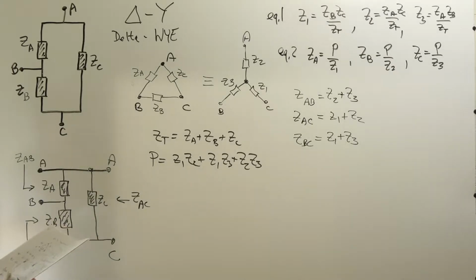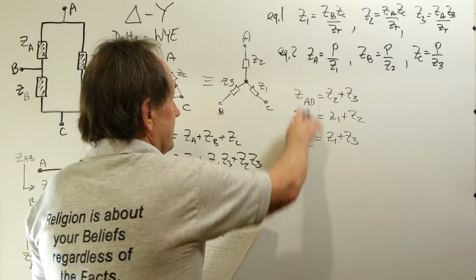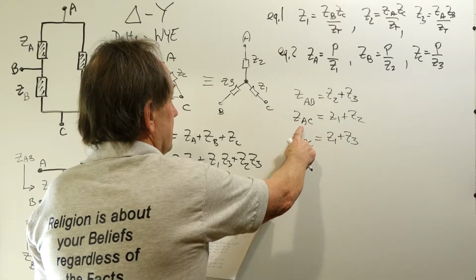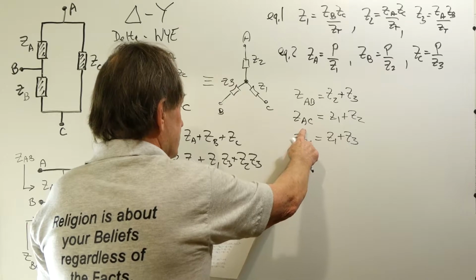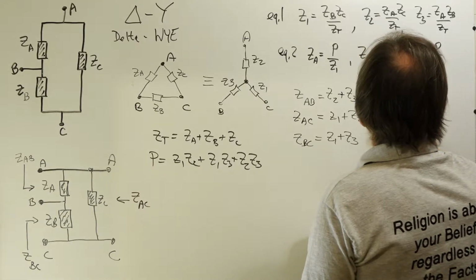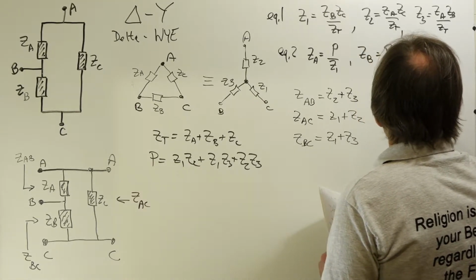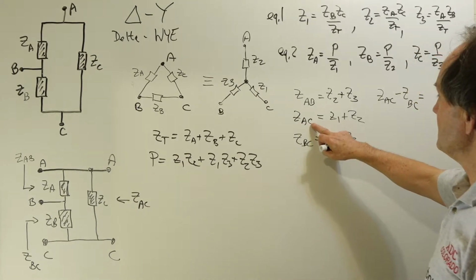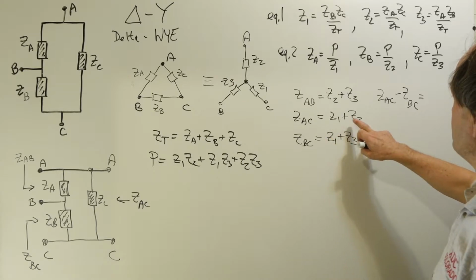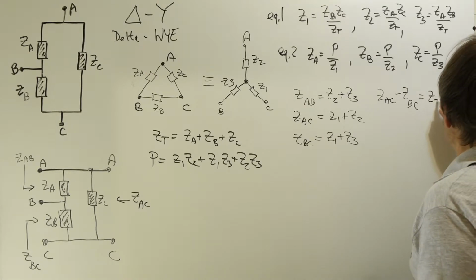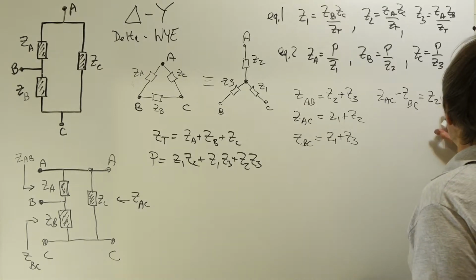Now, what I'm going to do is rewrite these equations and start subtracting. I'm going to take ZAC and subtract ZBC from it. So I can write ZAC minus ZBC. Well, what's AC minus BC? It's Z1 plus Z2 minus Z1 minus Z3. The Z1's cancel, so we end up with Z2 minus Z3.